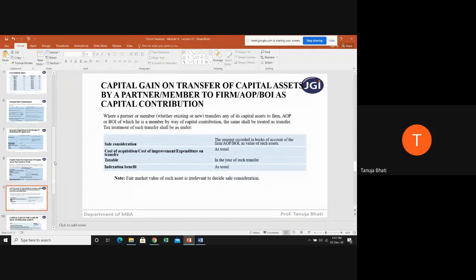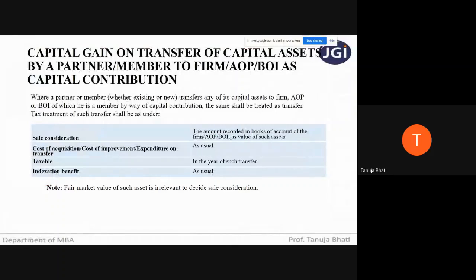Okay. Now let us move to the next type of transfer, which is regarded as transfer. And if that particular problem arises in this situation, what are the different terms that we have to consider? So, capital gain on transfer of capital asset by a partner or member to a firm, AOP, BOI as capital contribution. See, we have already studied that in partnership many times when a new partner enters into the business, or when the existing partner is there in the business, he will usually give some asset.